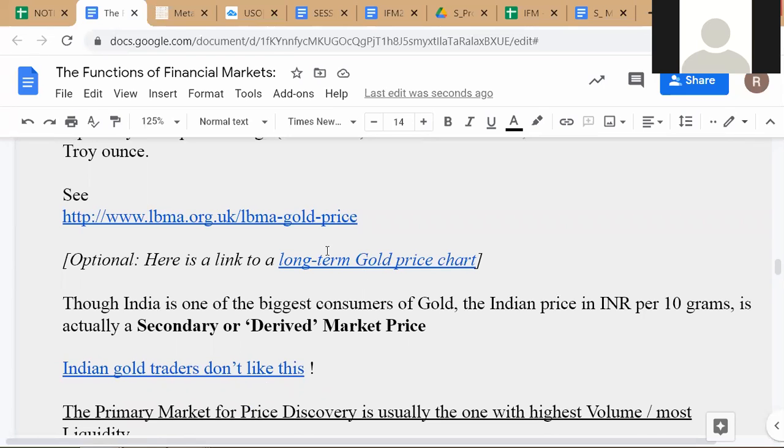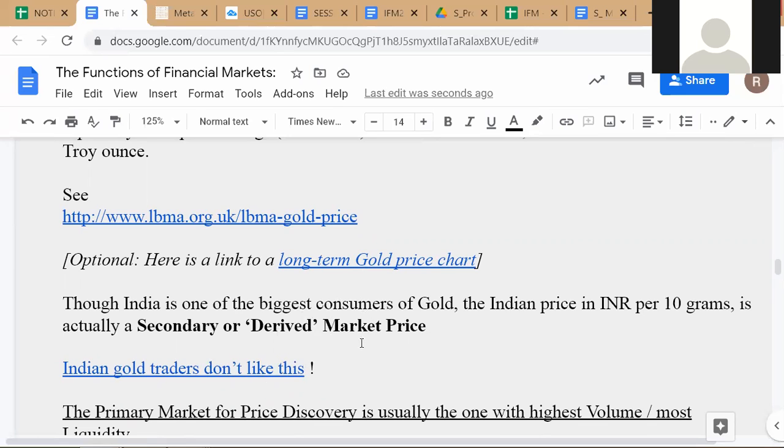The movement of gold through the Indian borders is actually not free. So there are all kinds of distortions like import duties and taxes, and therefore it's not easy to make these two prices converge.